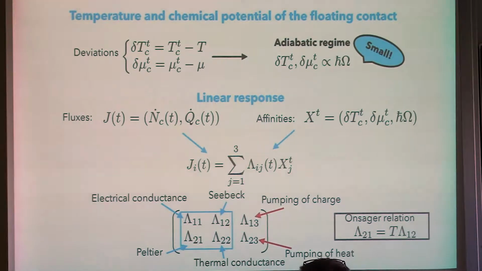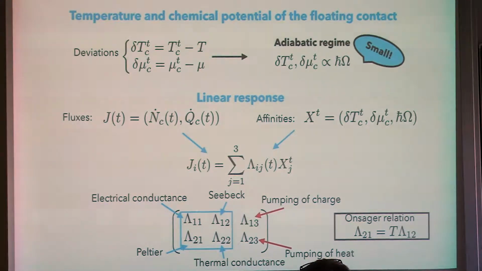Transport in this setup is generated by the existence of this difference of temperature and difference of chemical potential, but also because of the driving. So we can expand the fluxes up to linear response in the affinities in terms of these coefficients, the linear response coefficients, collected in this matrix lambda.